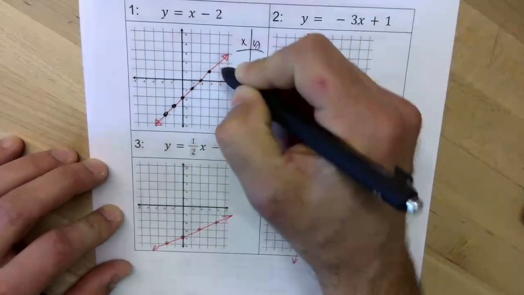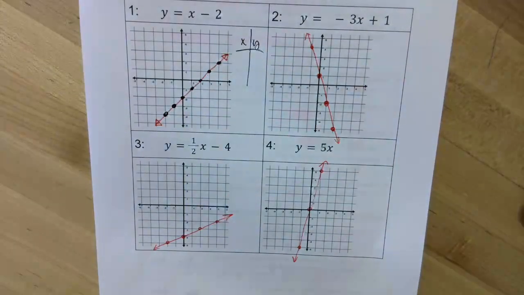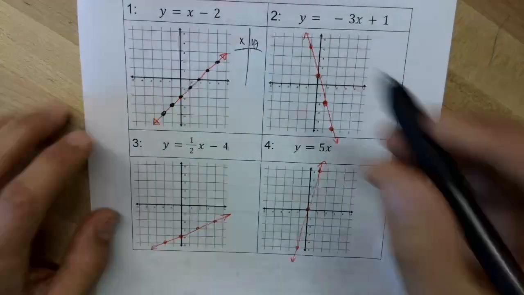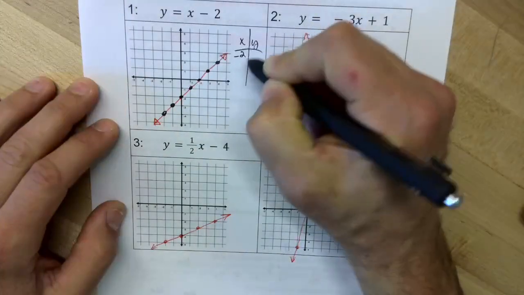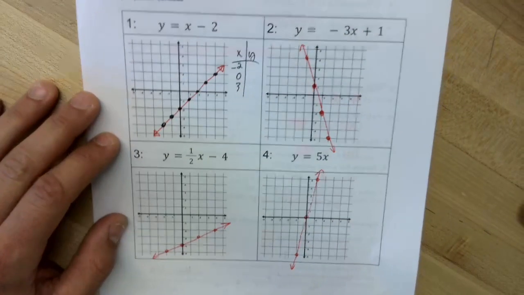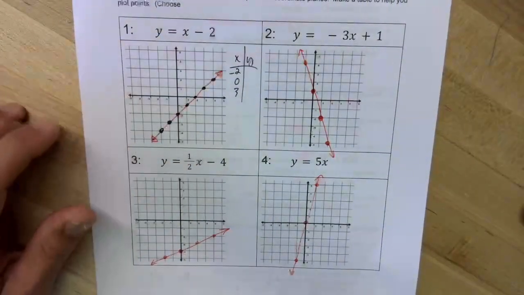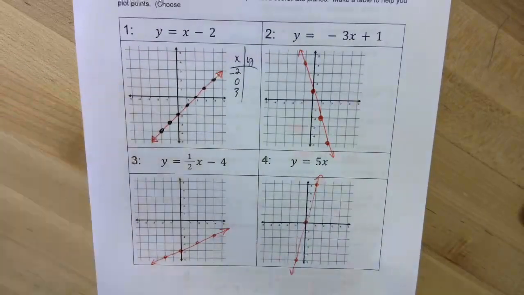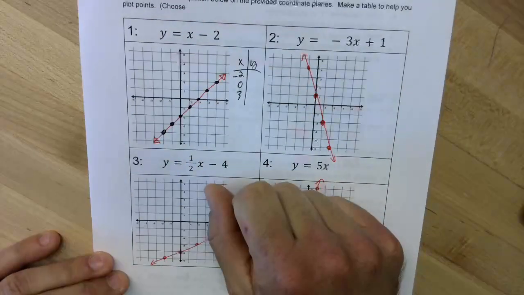So I just plotted all 7 of those just for your benefit, but our strategy has been, hey, let's pick 3 numbers for x. Let's do -2, 0, and how about 3, okay? Are we supposed to plot all those? No. What I was saying is you just have to have 3. Any 3 out of these.